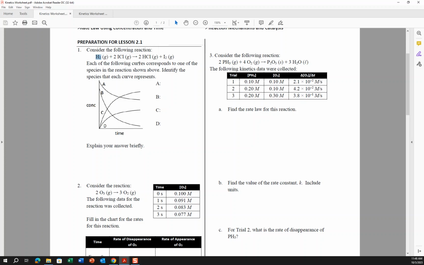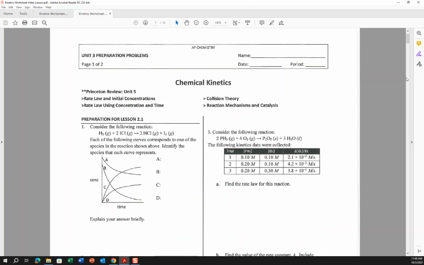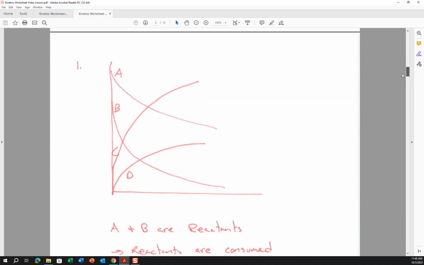As time moves forward in this reaction, what's happening to the concentrations of everything? We have to identify which of these components, H2, ICl, HCl, or I2, curve A represents, curve B, curve C, curve D. Let's scroll down to my key here, and we'll get to it.